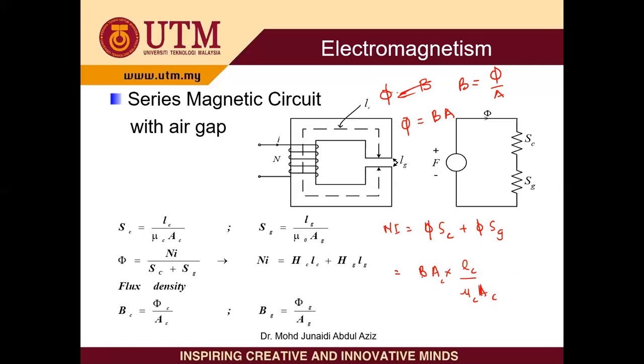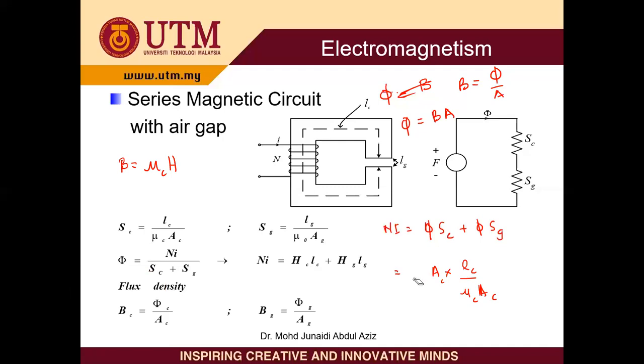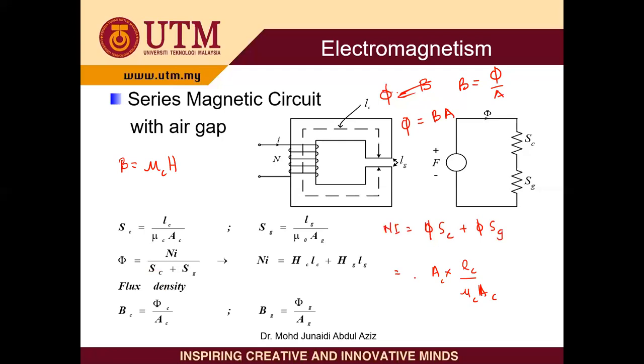And B is mu of the core multiplied with H. So I can rewrite this as mu C Hc, and then this cancels out, leaving only Hc multiplied with Lc.